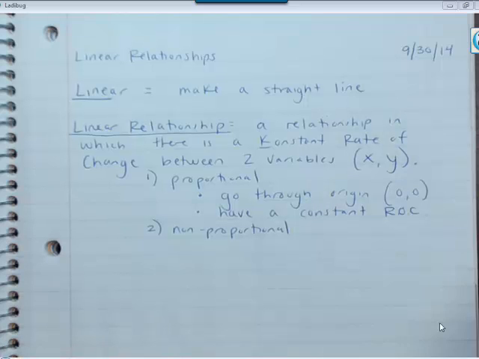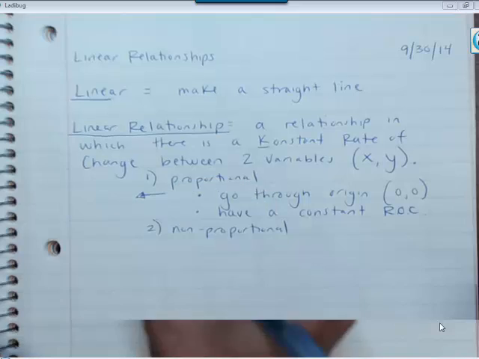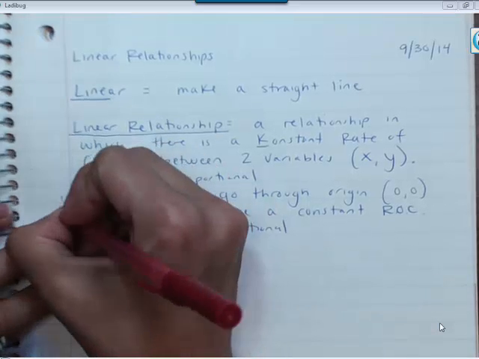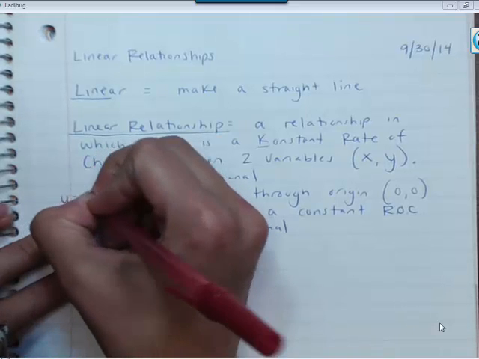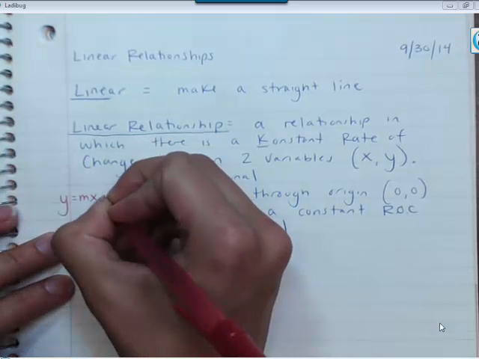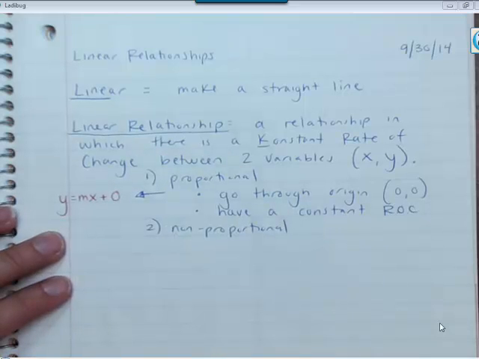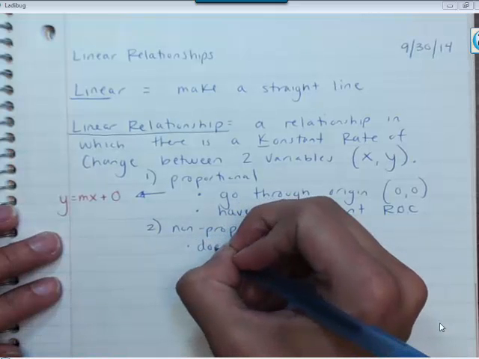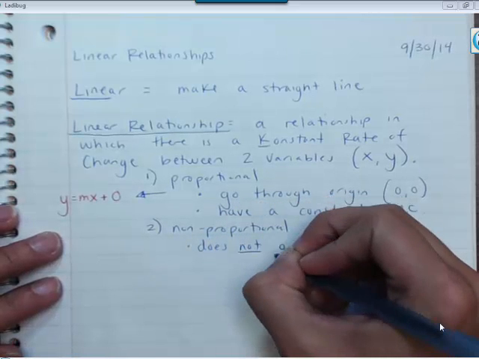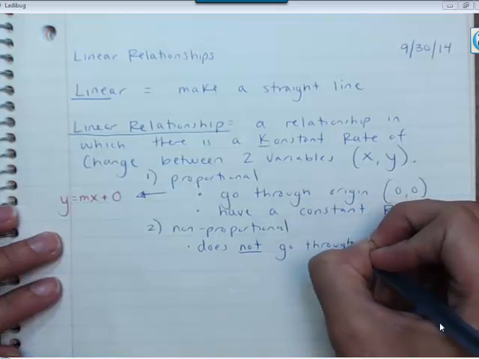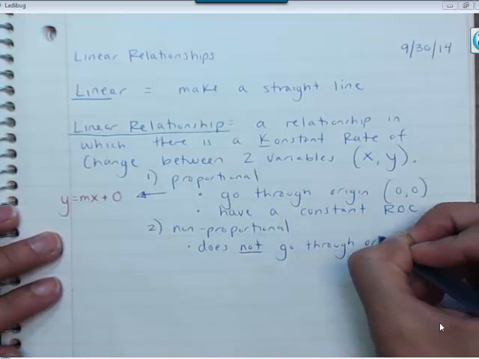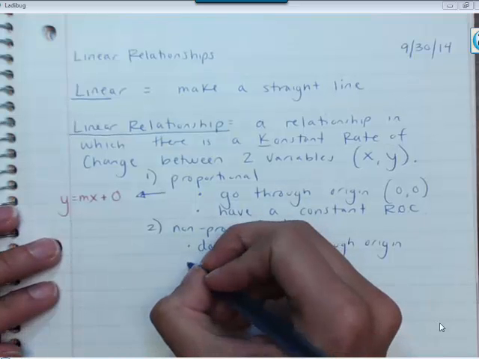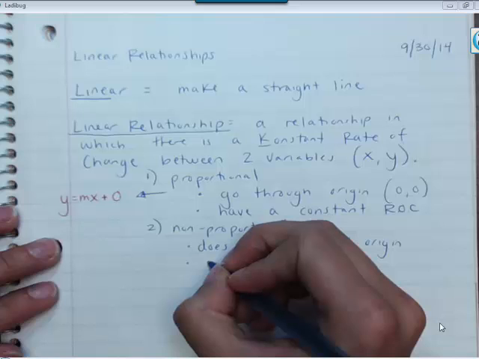So if I'm looking at my formula here, for a proportional linear relationship, my formula is going to be y is equal to mx, but the b part is going to be plus 0. Now, a non-proportional linear relationship is when it does not go through the origin, which means in our equation that b is any number besides 0.